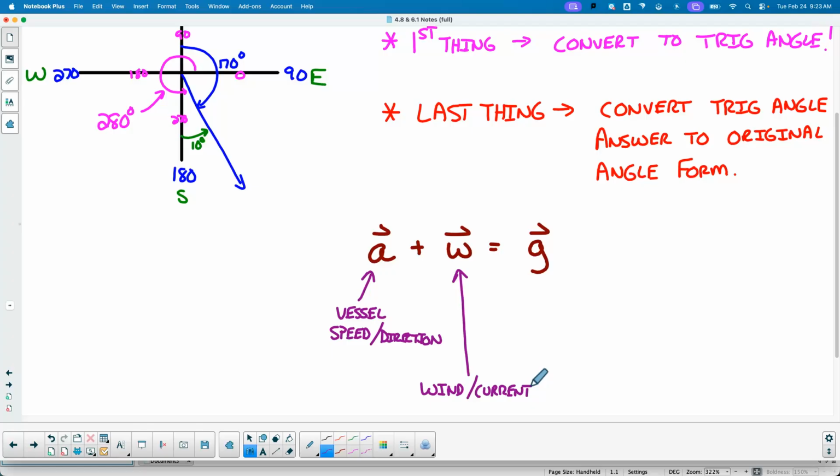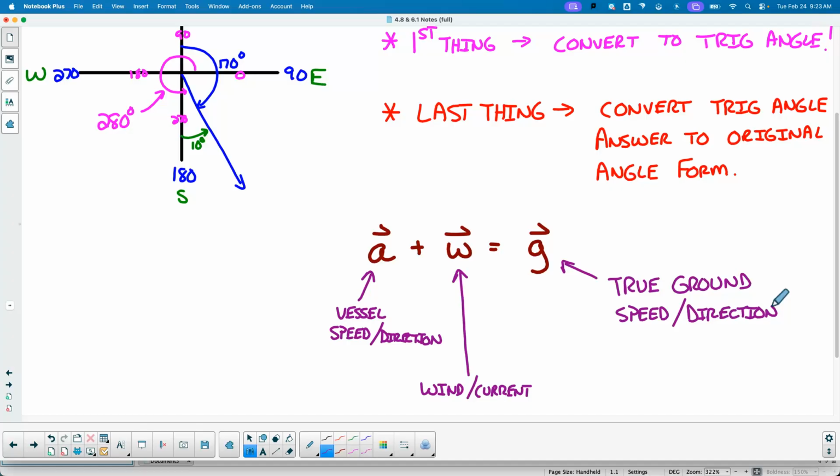And G is going to be your true ground vector. Okay? So that's what you're actually doing.